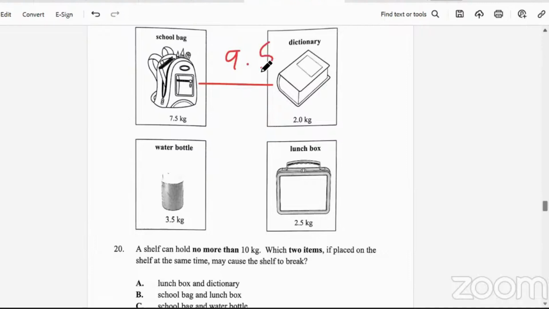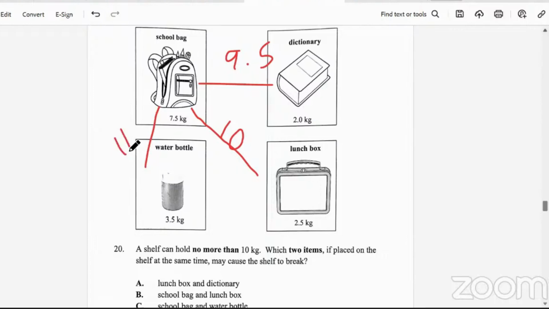All right, because of course we have to do it with the heaviest one, we want to see which one would go over. So we have to use the highest measurement here. So 7.5 plus 2.5, that's exactly 10, right? And then 7.5 plus 3.5, that is 11.